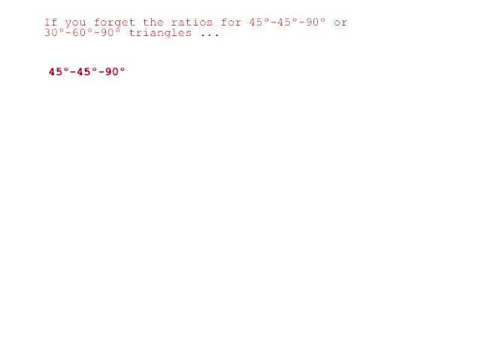So if you forget the ratios for the 45, 45, 90 or 30, 60, 90 triangles, then, well, for 45, 45, 90, just realize that the two sides are the same.